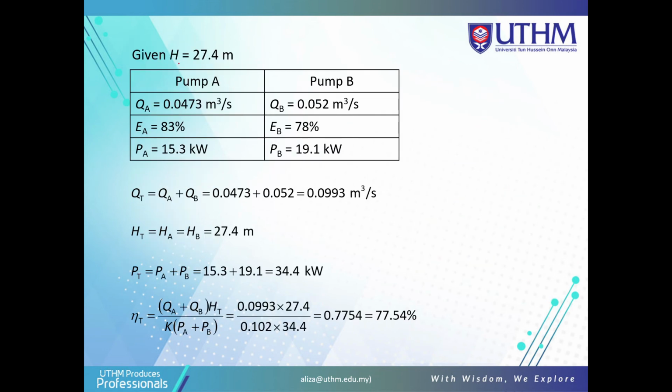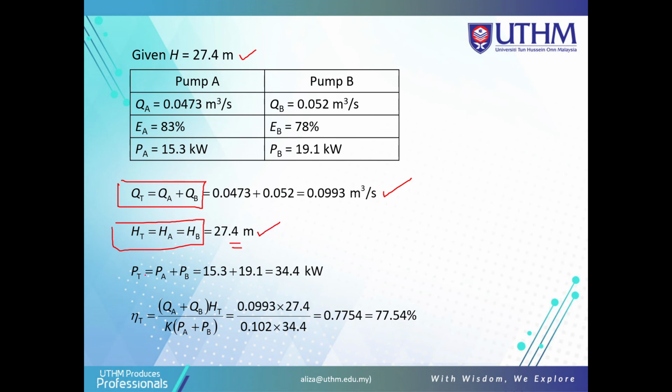So now you calculate here. We know the Q total based on this formula, you just put the value here and you get this value. For H total, you know that HA and HB are 27 here, the given H, so it is the same value for H total.